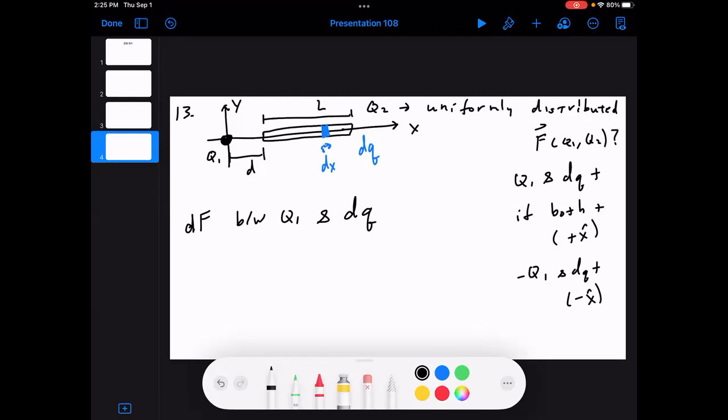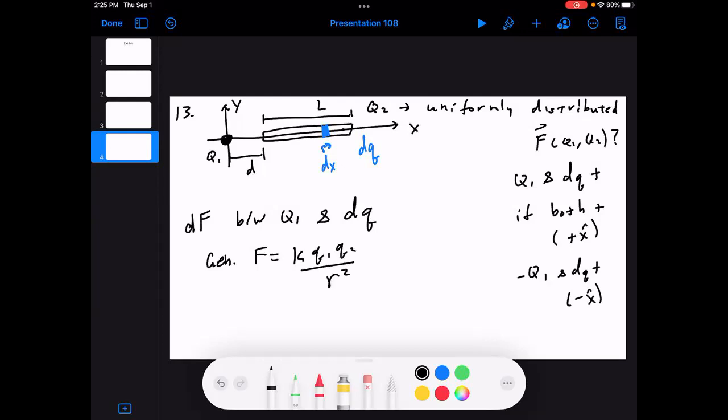So in general, when I ask for an electric force, what equation would you use? Not kQx. What's Coulomb's law? Perfect, kQ1Q2 over r squared.